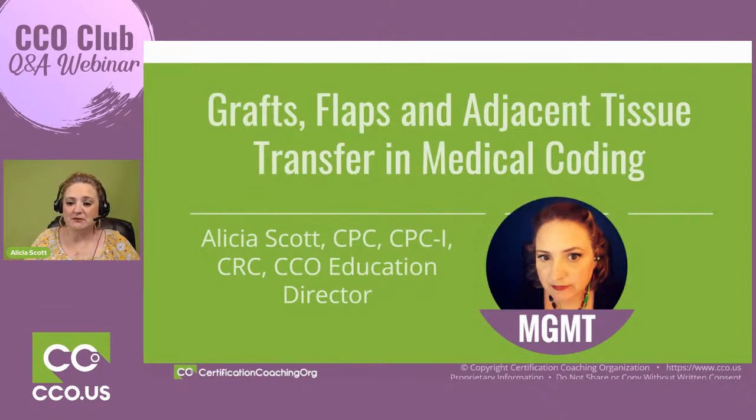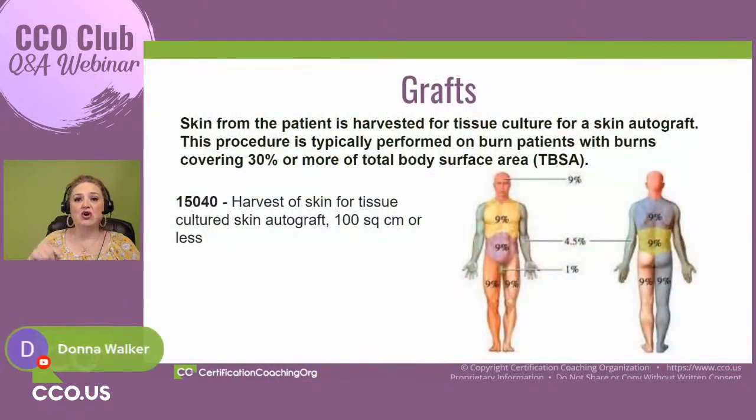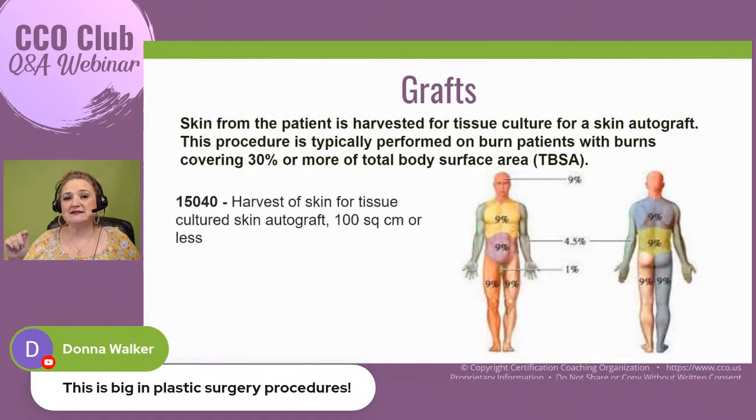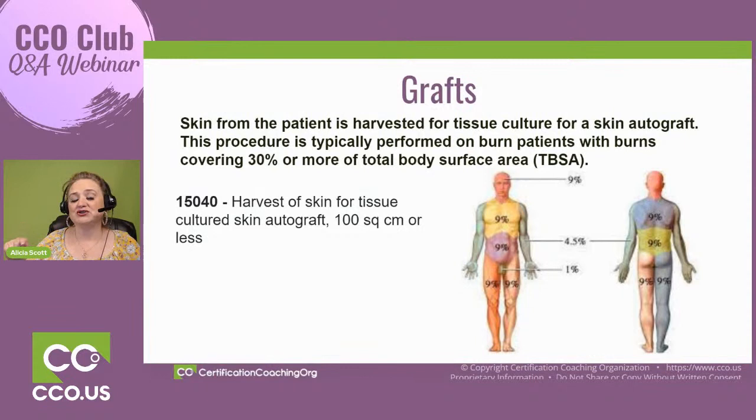Donna says this is a big plastic surgery procedure. Absolutely, it is. Another thing I would tell you to do is go out and look at some different plastic surgery websites, because it's hard to get some of these procedures under your belt, and they do a lot of pictures.